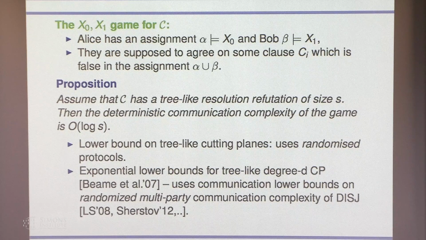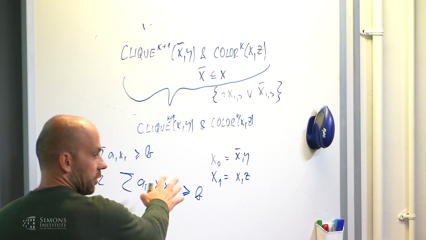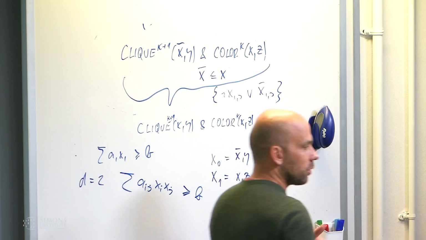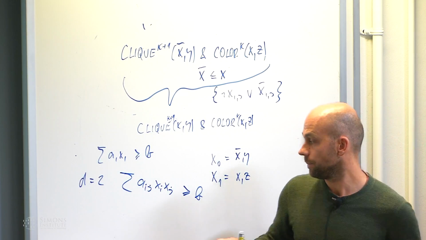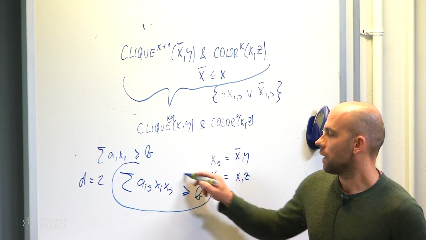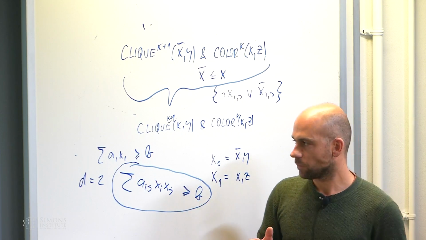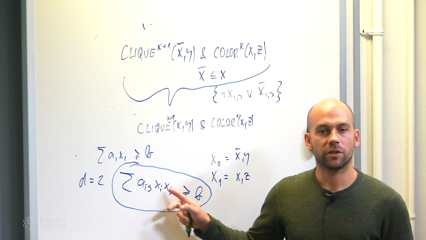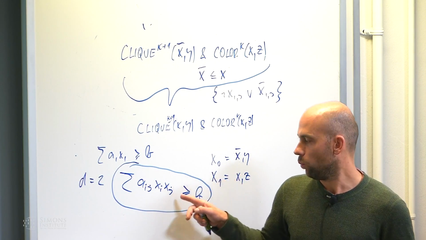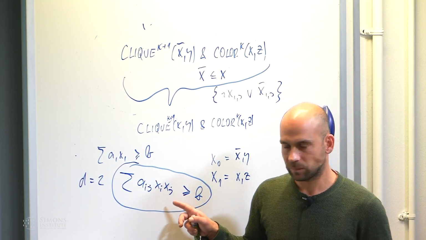Okay, so let's have the case that D is equal to 2. So your lines would be any expressions of this kind. So those would be your lines, and then you would have some rules telling you what to do with those lines and how to combine them. Now, the point is that if you split the variables into two parts, then the players no longer can determine whether this inequality is valid or not.